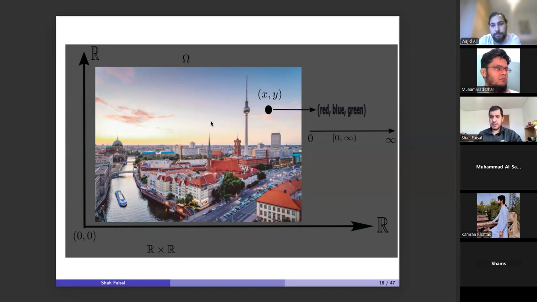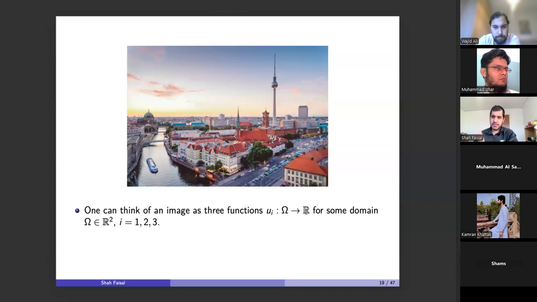And so it's nothing but a function that assigns to each point on this domain 3 values. This way, a picture is just a set of 3 functions from the given domain to R. Or you can say a picture is just one function to R3, where one component represents red, the other blue, and the other green. If you know these 3 functions, you can plot them and get the same picture back.